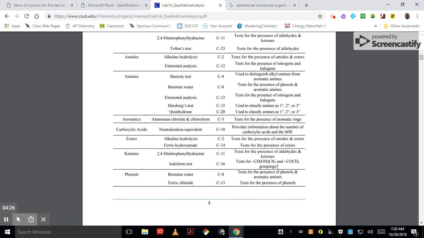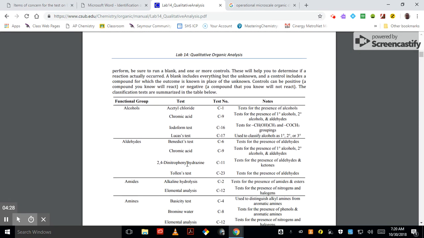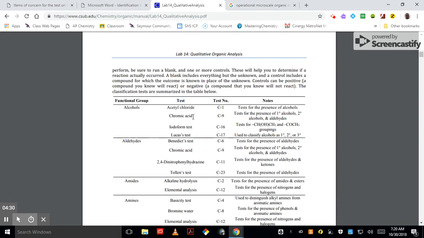For alcohols, one of the tests we're going to run is a chromic acid test, and I think we have the Lucas test available also. For aldehydes, you have the chromic acid test and the 2,4-dinitrophenylhydrazine test. These are all listed in a section of the text.